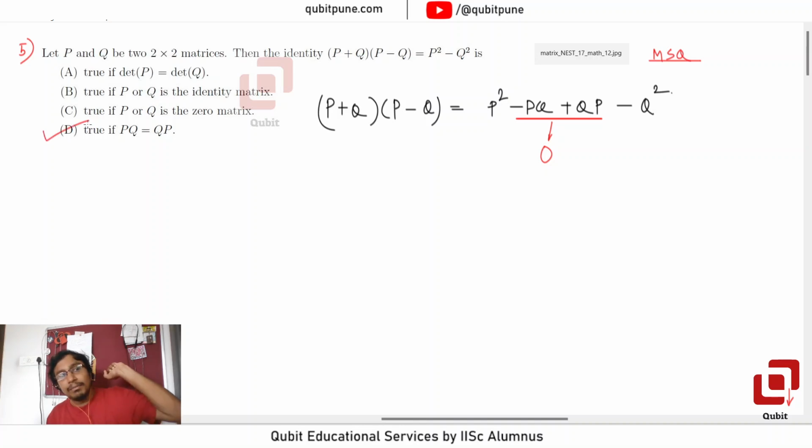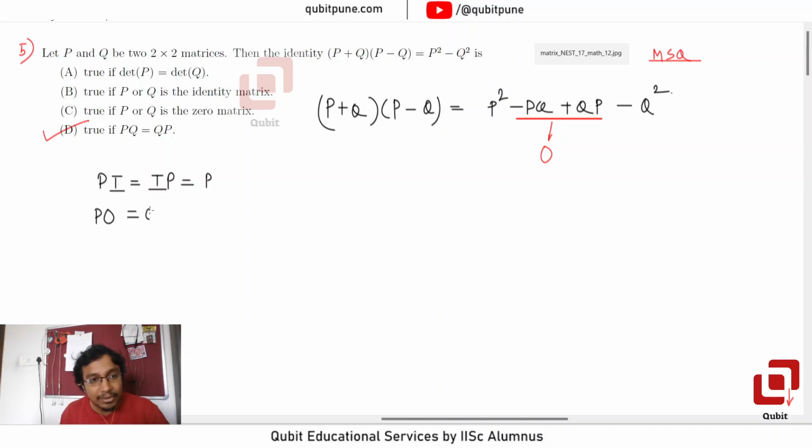But we must also take into consideration the fact that the product of any matrix with the null matrix and with the identity matrix, those products always commute. In other words, PI and IP are the same. And P0 and 0P are also the same.